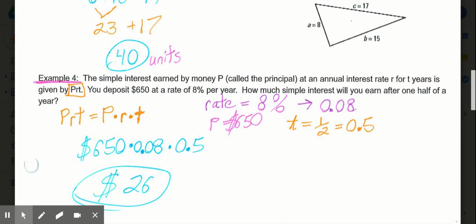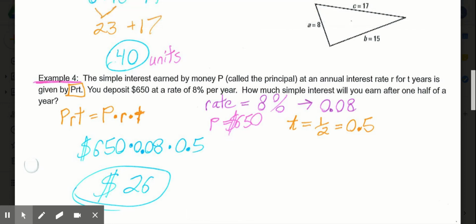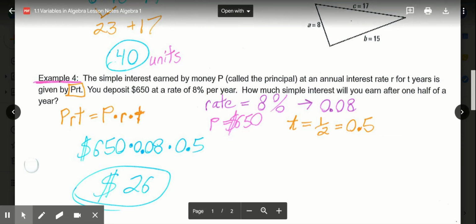So 8% as a decimal is 0.08. The way that we convert a percent to a decimal is you divide by 100. So 8 divided by 100 is 0.08.